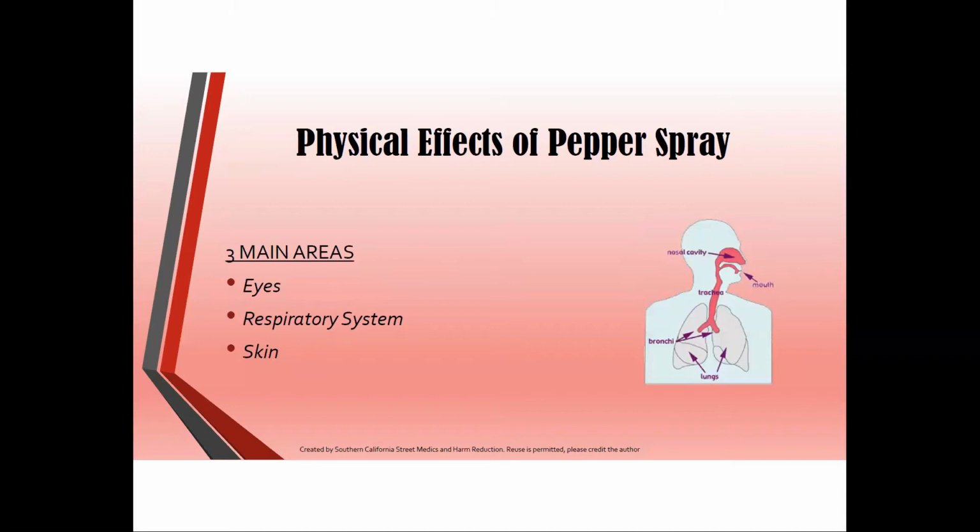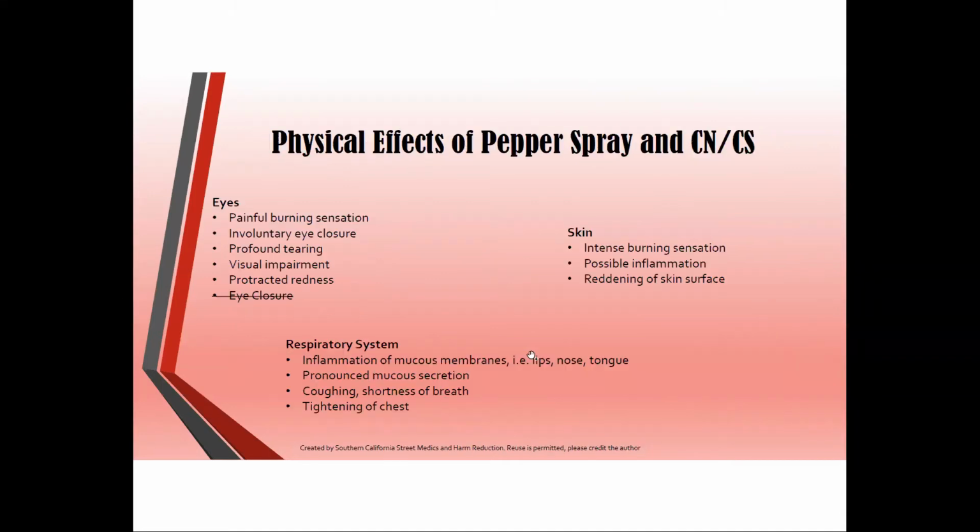The physical effects of pepper spray will hit you in 3 main areas: the eyes, the respiratory system, and the skin. And in the eyes, again, this is another training chart that law enforcement gets. In the eyes, it'll cause a painful burning sensation, involuntary eye closure, profound tearing, visual impairment, protracted redness, and ultimately the goal is to get somebody to close their eyes.